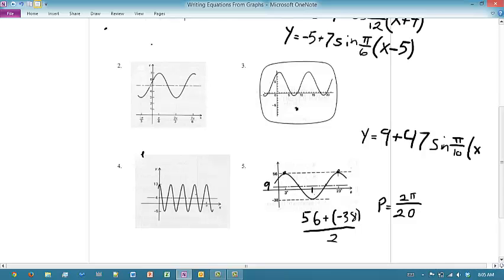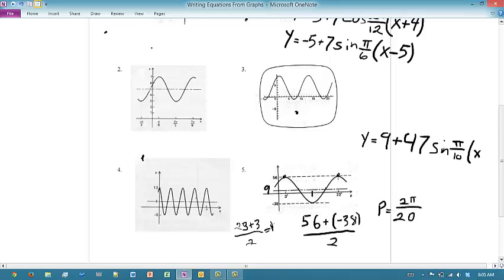To find halfway, we're going to do the same thing that we did earlier to find our midline, which is to average those two values. So 23 plus 3 is 26, divided by 2 is 13. So halfway in between 3 and 23 is 13.